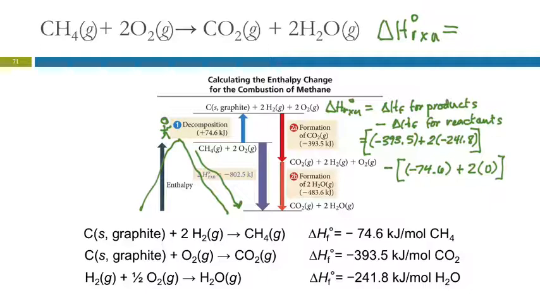So we put those together, negative 393.5 plus 2 times negative 241.8 minus negative 74.6, and we get minus 802.5. So the standard heat of reaction here is minus 802.5 kilojoules.